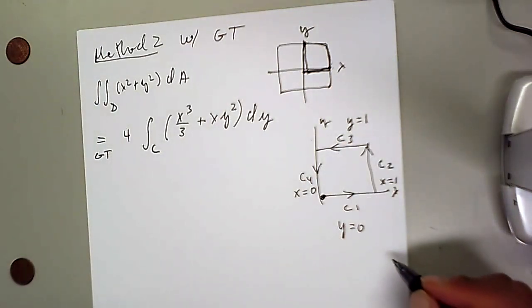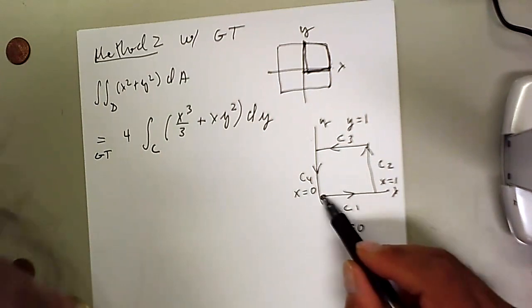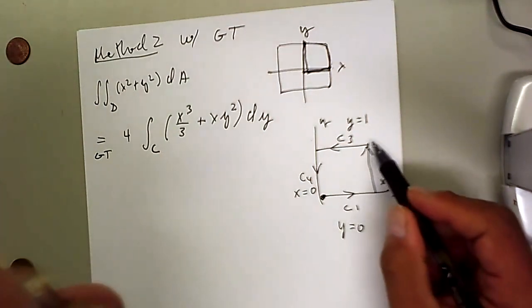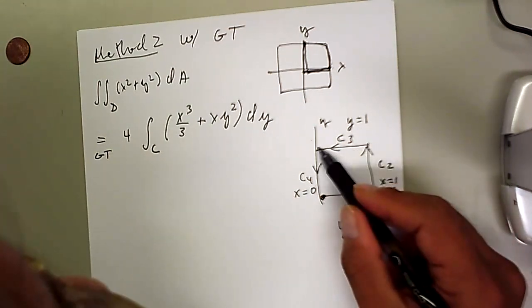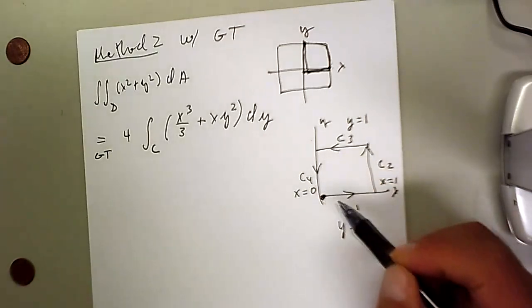As x goes from 0 to 1 in this case, y goes from 0 to 1. In this case, x goes from 1 to 0. And in this case, y goes from 1 to 0.